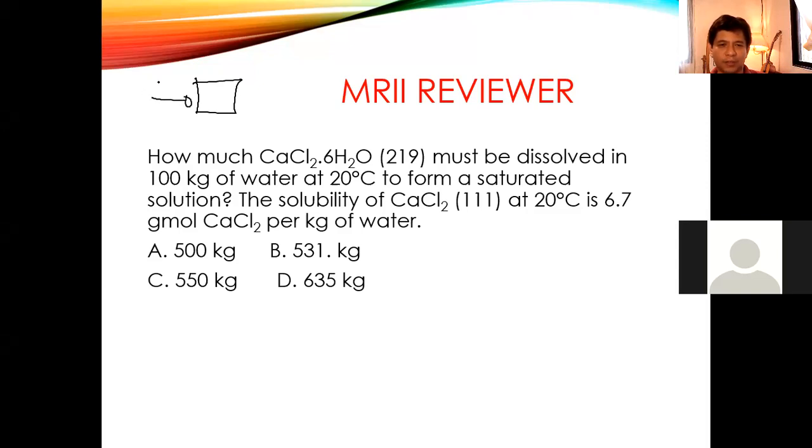So let X be the weight of calcium chloride hexahydrate, CaCl2·6H2O. What is our unit? Kilogram, since the question is in kilograms. Then you add water, which is 100 kilograms. Then you will have a saturated solution.